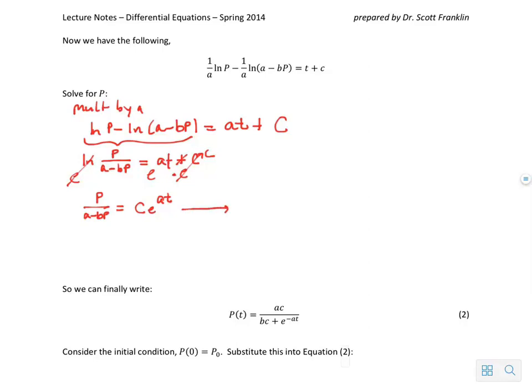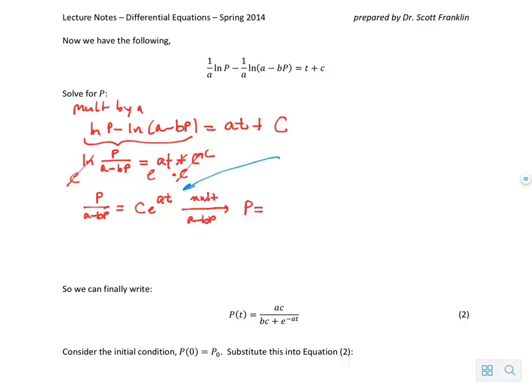So let's multiply by a minus bp on both sides. So I end up with p is equal to this right here.